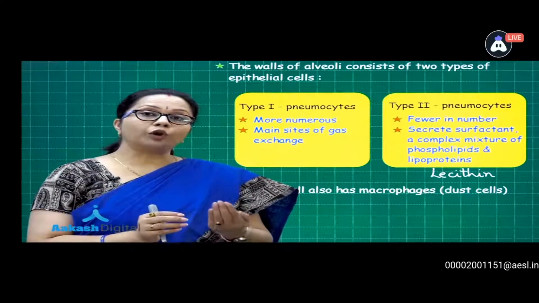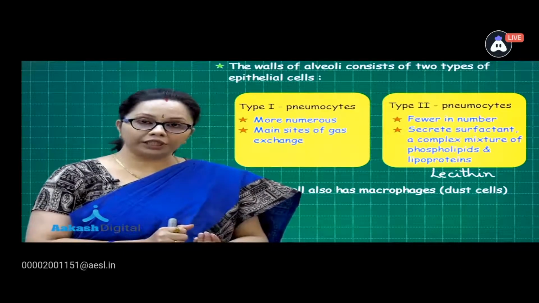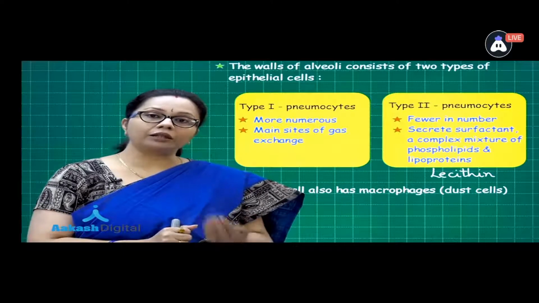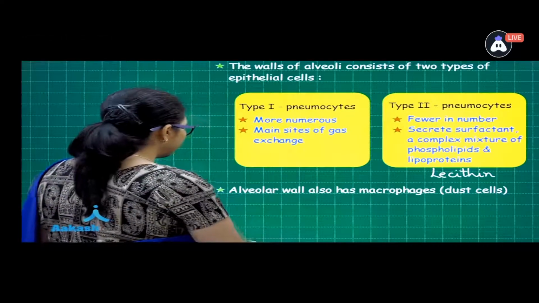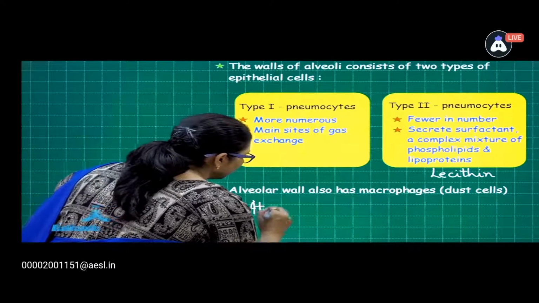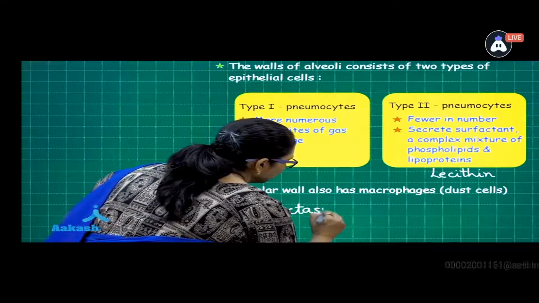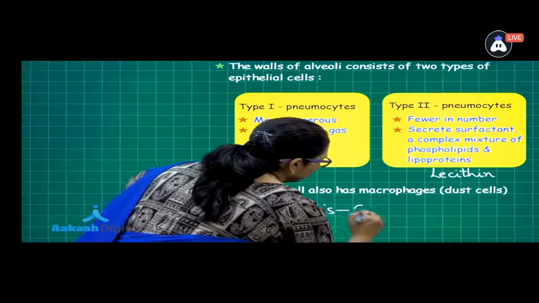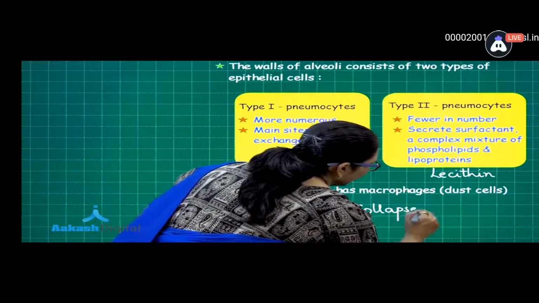And in that case, what would have happened? The alveoli would have collapsed. If there is no surfactant, then when we exhale air, the alveoli would collapse. And that collapse of alveoli is called atelectasis.